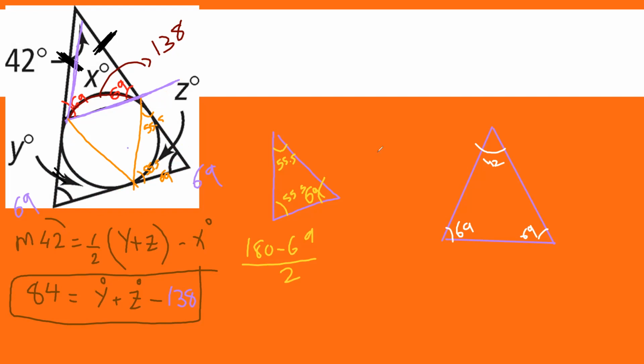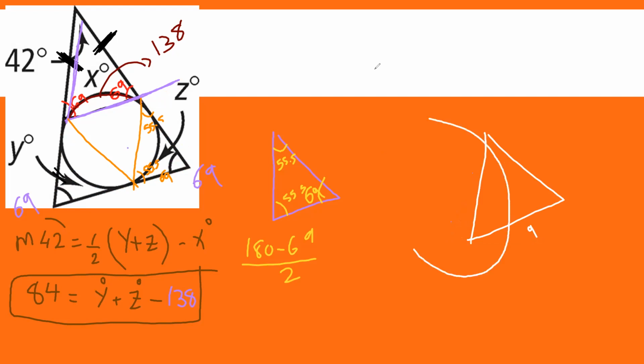And then let's come back. Now, in this angle here, we have this circle. If this angle here is 55.5, what is the measure of this arc? 111.